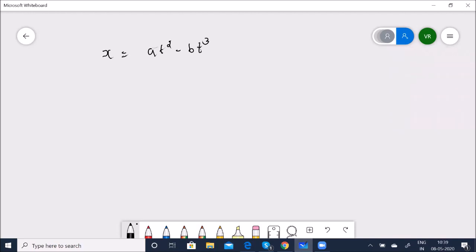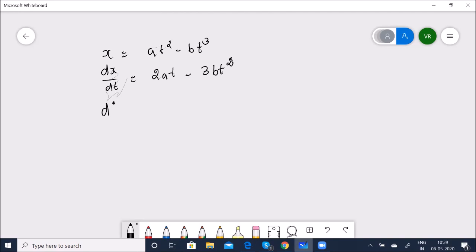Now, you know, when you differentiate distance, you'll get velocity. And when you differentiate velocity, you'll get acceleration. So let us differentiate this. So dx with respect to t, I'll get it as 2at minus 3bt squared. So to find out the acceleration, I'll have to again differentiate this.